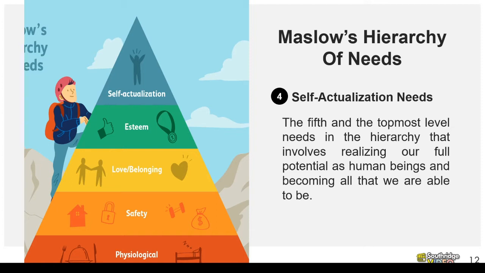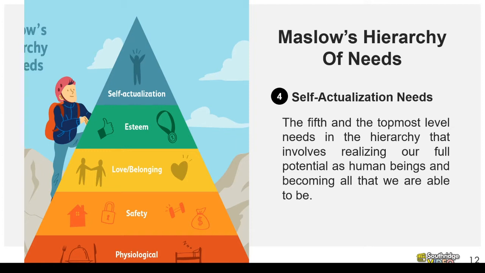So self-actualization refers that an individual is truly living his life. So, in order to live our full life, we must achieve self-actualization by satisfying the needs below this level.